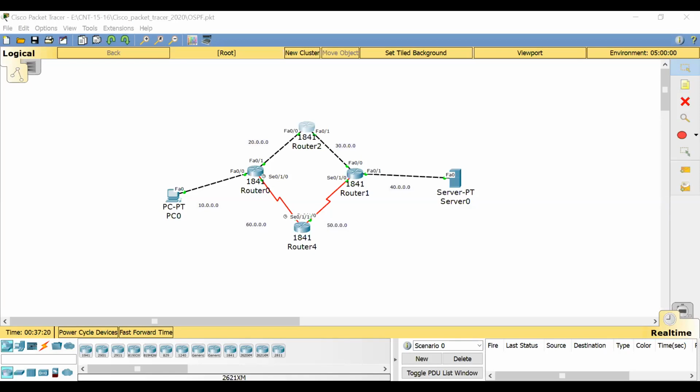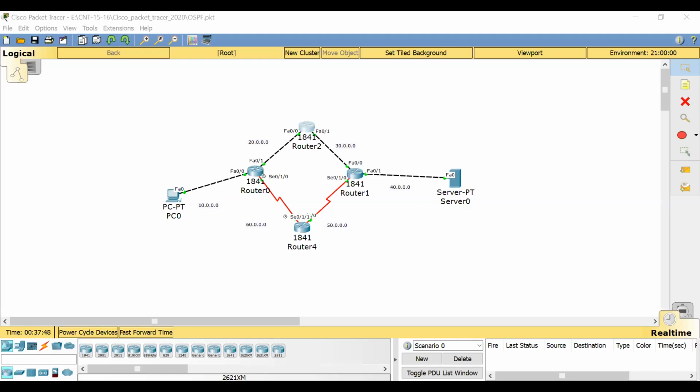How to calculate cost? 10 raised to 8 divided by 10 Mbps, converted into bps, gives cost 10. FastEthernet is 100 Mbps, which is equal to 10 raised to 8. So 10 raised to 8 divided by 100 Mbps gives cost 1.